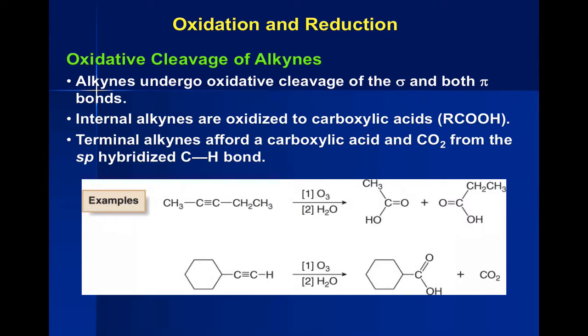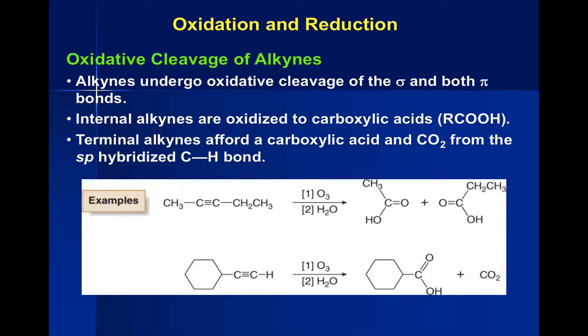Now we can do the same type of stuff to carbon-carbon triple bonds. However, we're going to get different products when we oxidize a carbon-carbon triple bond. After all, a carbon-carbon triple bond really is just two carbon atoms that have two pi bonds instead of one, right? So just about anything we can do to a carbon-carbon double bond, we should be able to do to a carbon-carbon triple bond, and that is true.